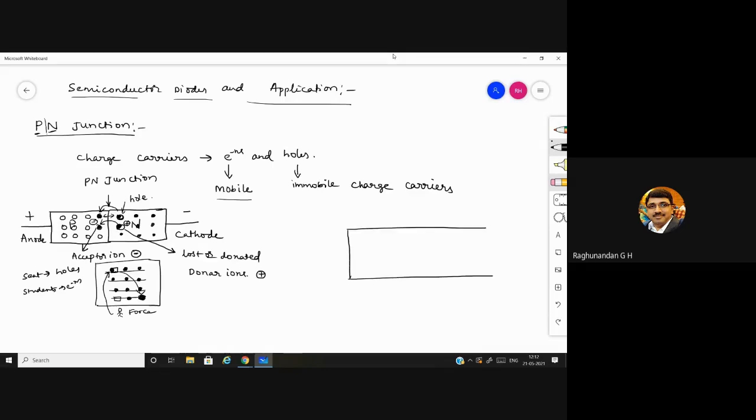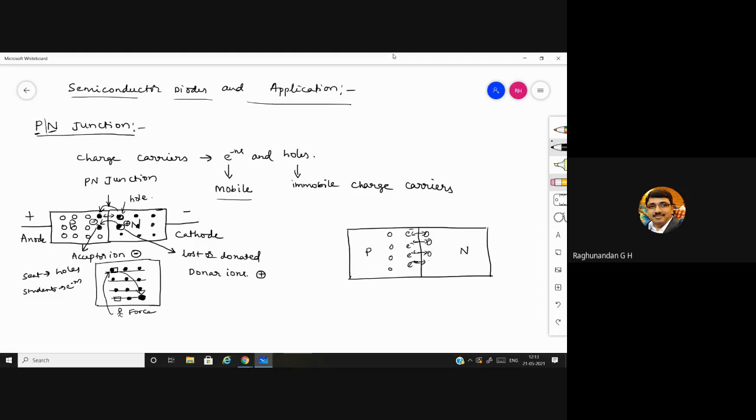After this, there are a few more concepts. As I was telling, the p and n junction is a junction which is formed because of the exchange of electrons and holes across this junction. Once the electrons come and occupy here, that means here you'll be having holes only. Only near the junction, the electrons have moved out from the n layer.